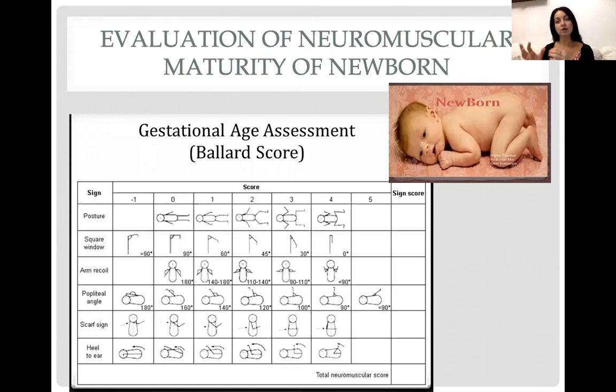When you have a sum of morphological signs of immaturity and neuromuscular signs together, you have the final Ballard score for the particular baby, and you can realize if this baby is mature enough for his gestational age.